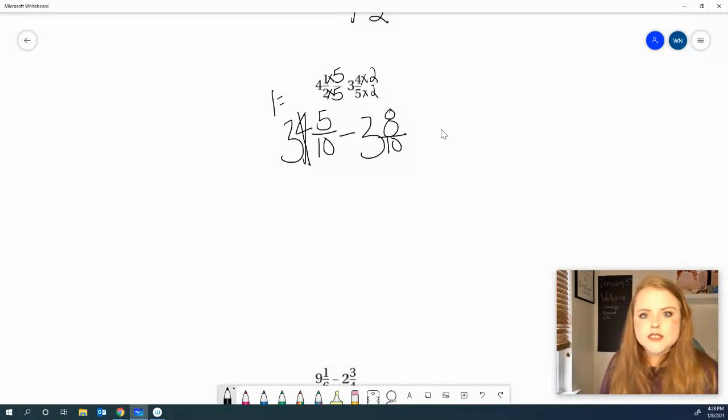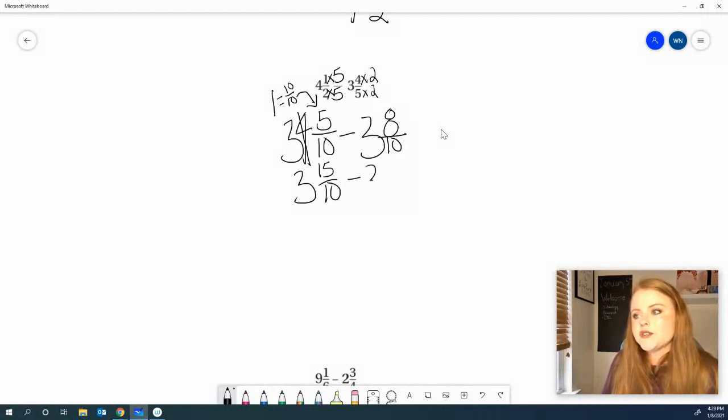Since our denominator is 10, we want to pull out 10/10. It's not always going to be 10. It's only 10 this time because my denominator is 10. So I want to add that 10/10 to my 5/10. So that's going to get me 3 and 15/10 minus 3 and 8/10.